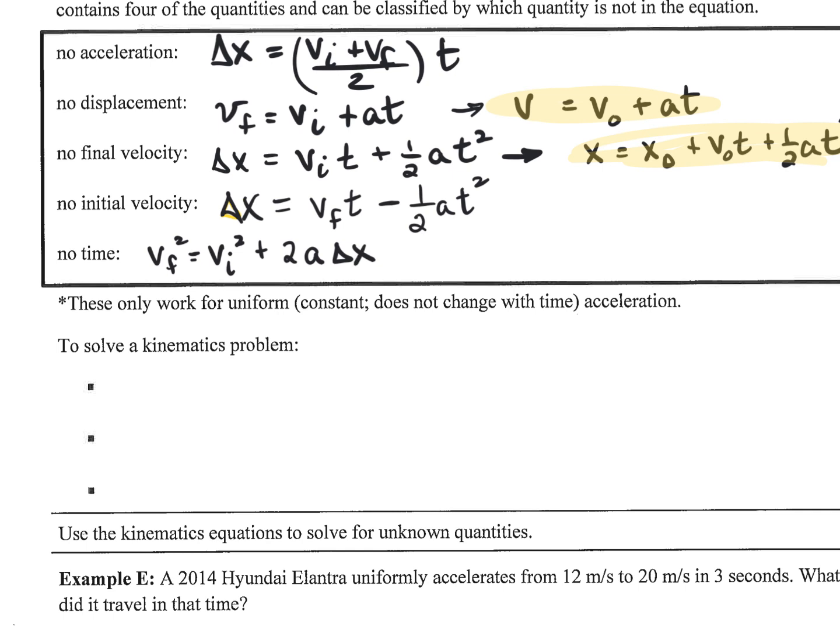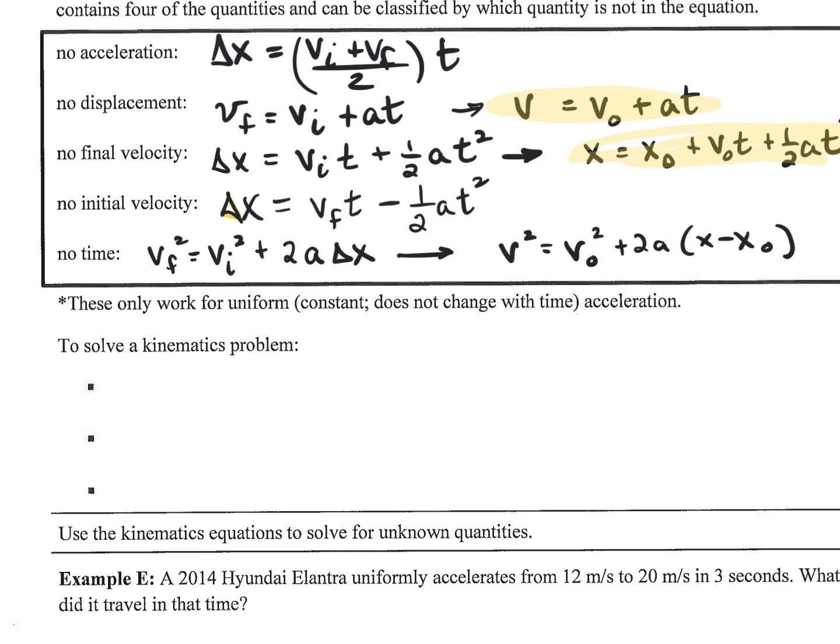Now, this is not what your formula sheet reads. Your formula sheet reads this way: V squared equals V naught squared plus 2a times (x minus x naught). Do y'all see that's the same thing? This is x final minus x initial, isn't it? Isn't that delta x?